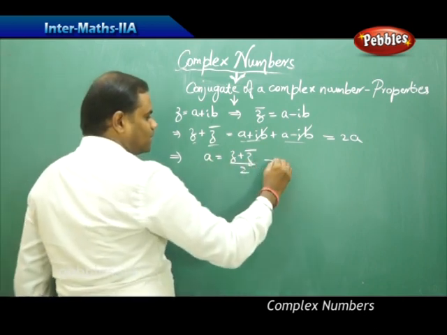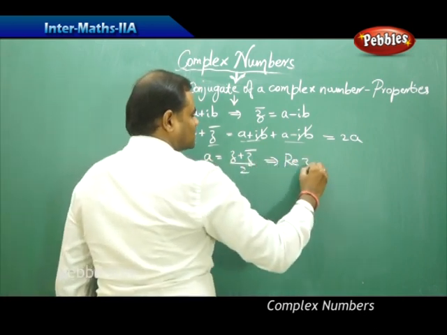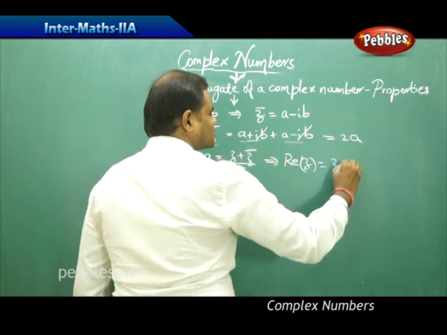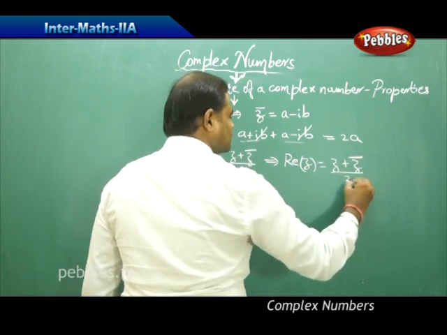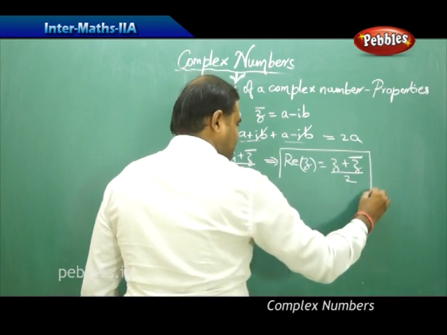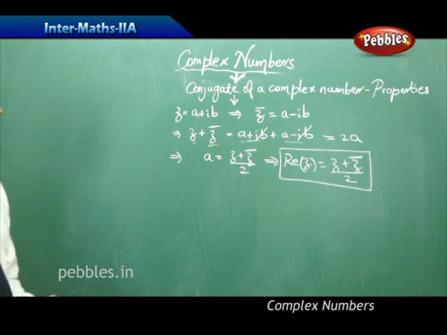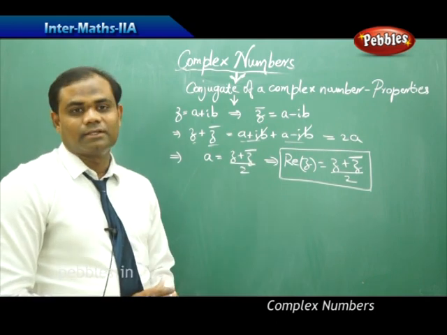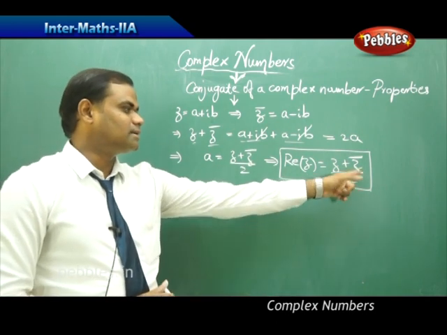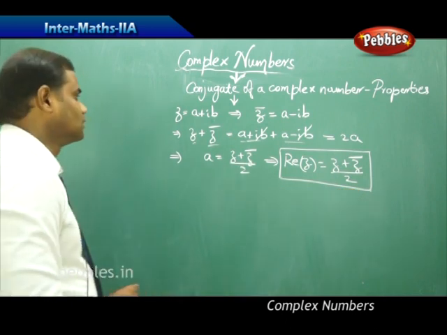So a being the real part of z implies the real part of z is always z plus conjugate of z by 2. This is how we take the standard formula for real part of z.